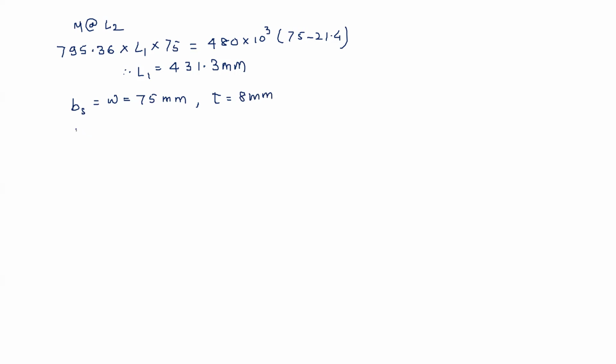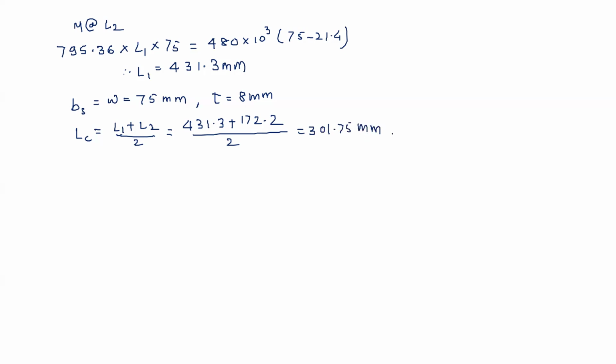Then we have LC. It will be L1 plus L2 by 2. So we have 431.3 plus 172.2 by 2, and then we have this value equal to 301.75.